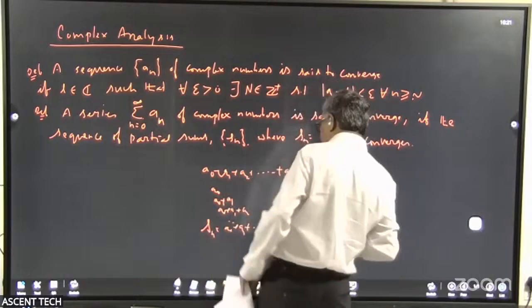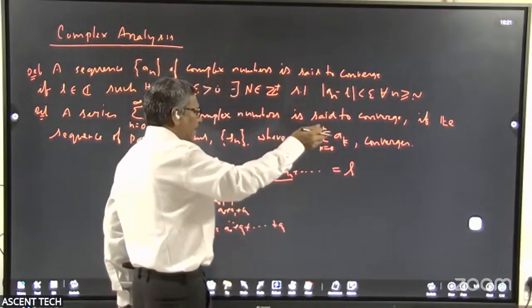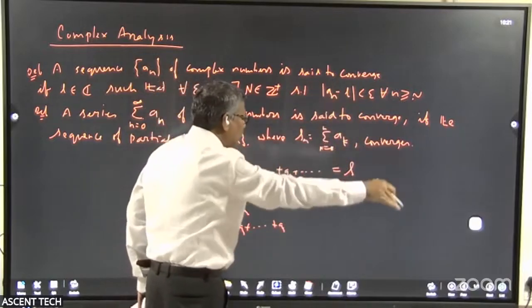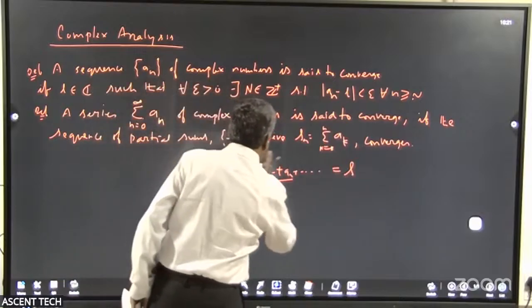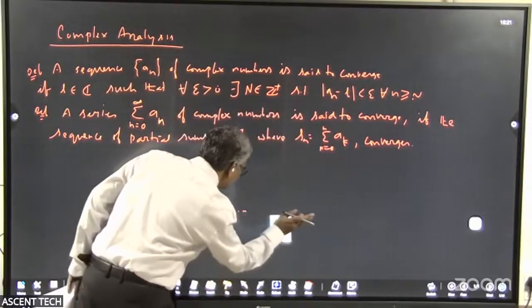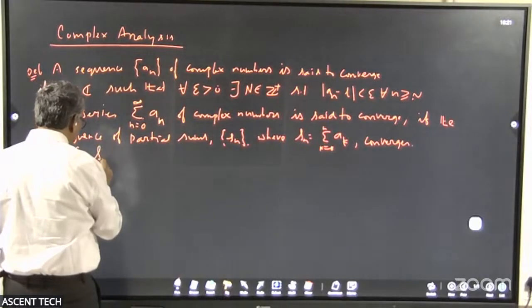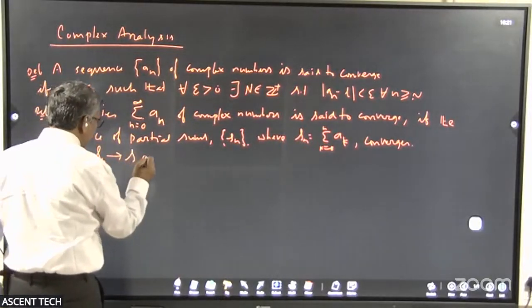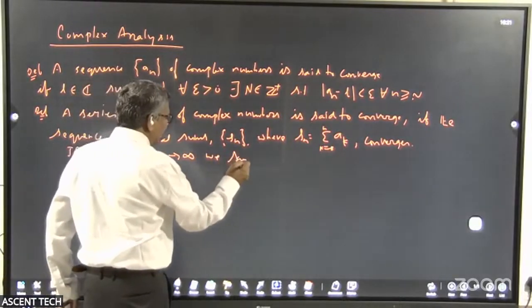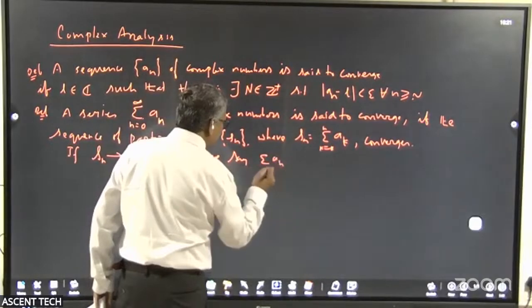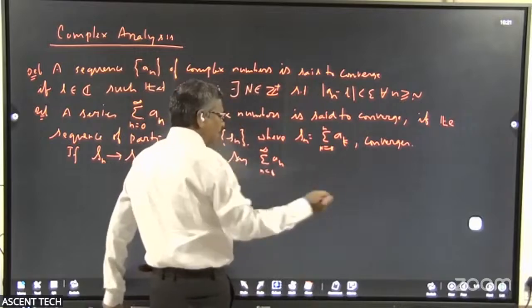If that converges, you can say that as n gets bigger and bigger, it is approaching some quantity, and that quantity is the infinite sum. If S_n converges to S as n tends to infinity, we say the sum of a_n from n equal to 0 to infinity converges to S, and its sum is S.